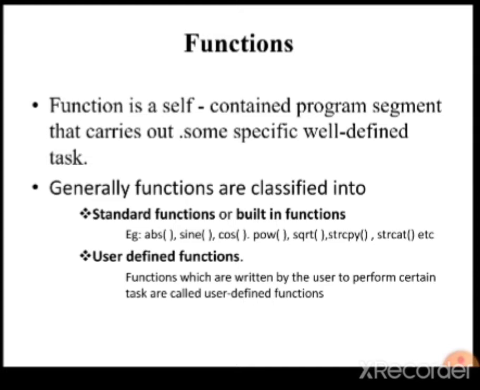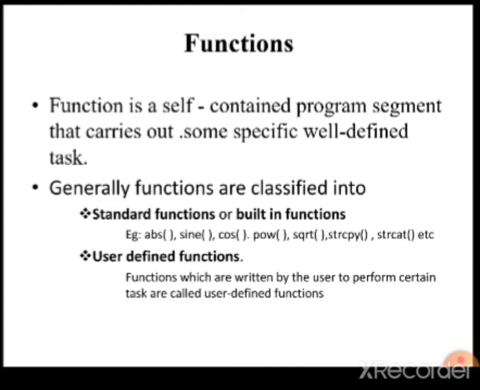To access all these functions, we need to use header files, like string functions strlen, strcat, strcpy, and sqrt, cos, sin. All these functions are accessed using header files, that is from the C library. These are the built-in functions.